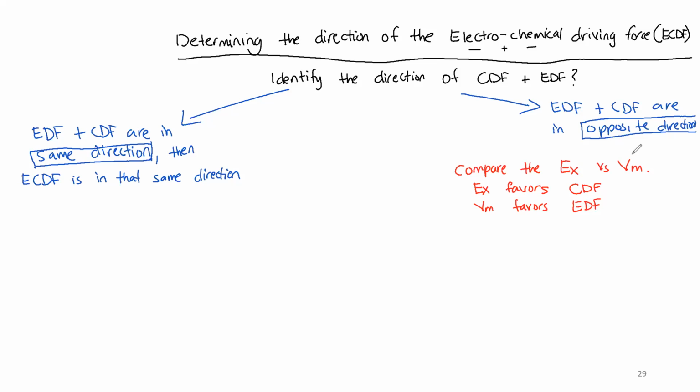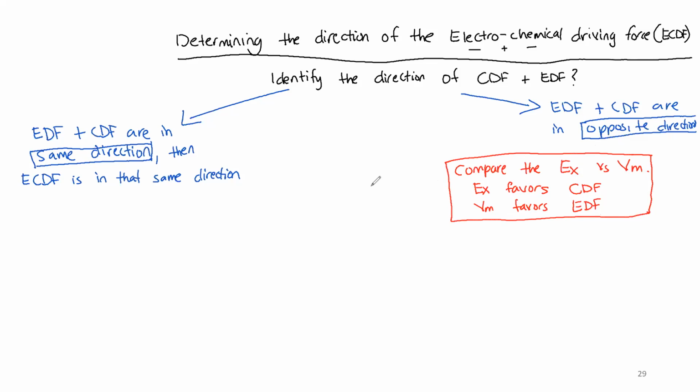All right, so let's think about what happens with our different scenarios based upon this relationship. We're looking at the equilibrium potential of the ion in question and the membrane potential of the cell at that time.